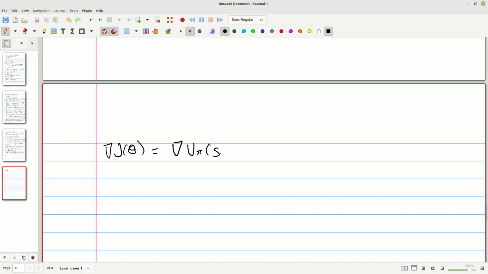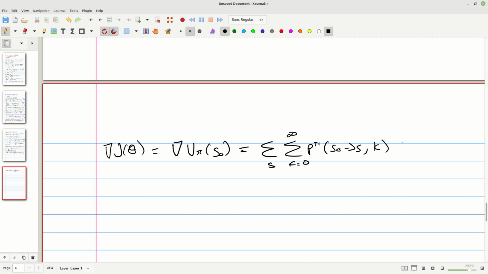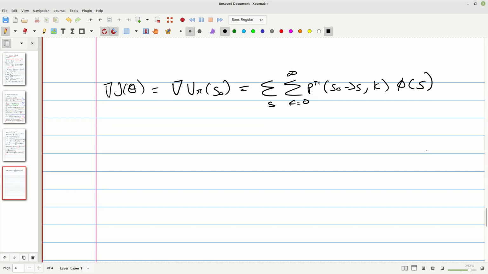The derivative of V pi of s0 is the summation over s, summation from k equals 0 up to infinity of p pi from s0 to s in k steps times phi of s, right? So what we can write this as is the summation over s of this term, and we multiply this by phi of s.